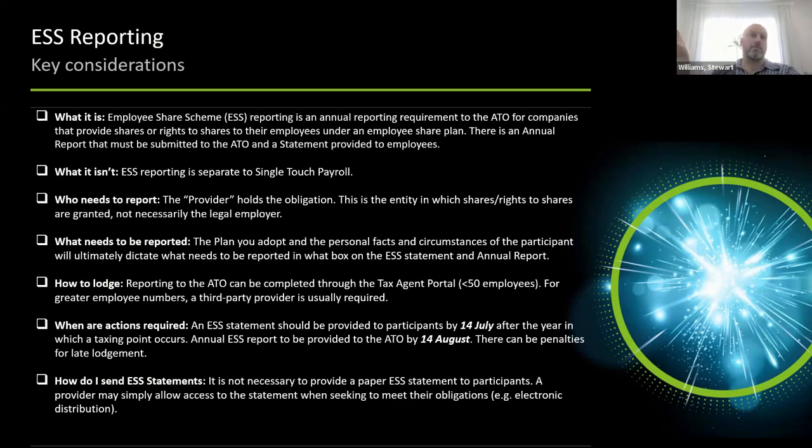And it's actually a separate obligation, the ESS reporting. So it doesn't go through your STP. We have found some organisations who have done that, and it's a pain, to be honest, to unwind. So make sure that if you are liaising with your payroll provider, or you're doing it in-house, that you're not passing these interests through STP.